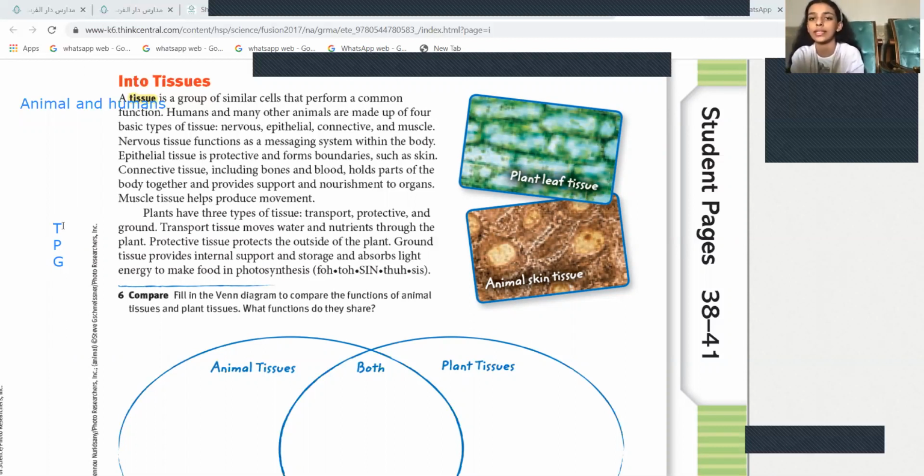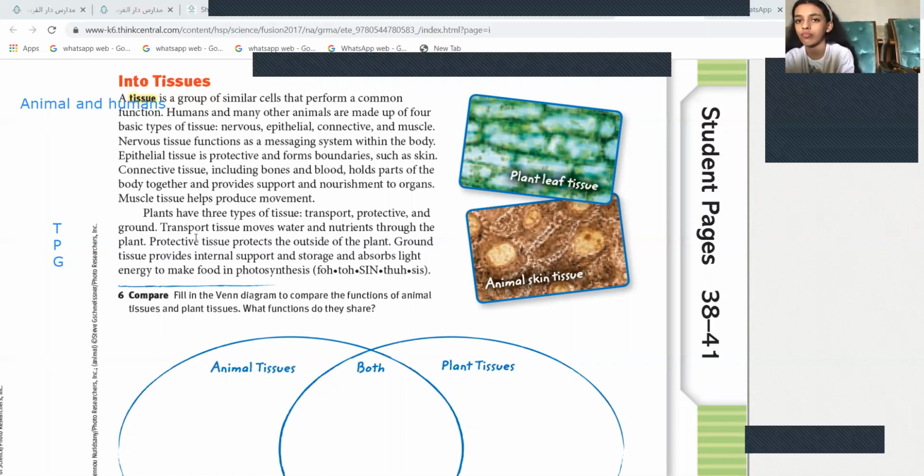When I say transport, that means water. You can imagine a car taking water and nutrients to each root and stem and everything. Remember, transport means moving water and nutrients through the plant.